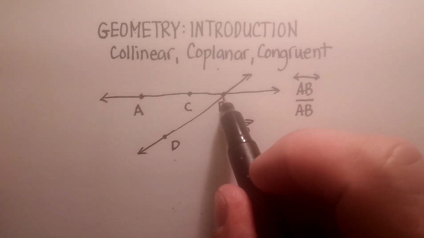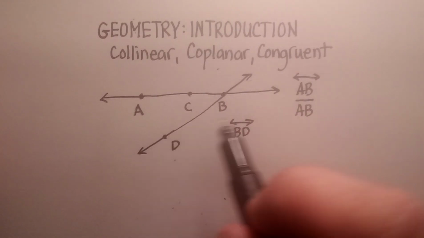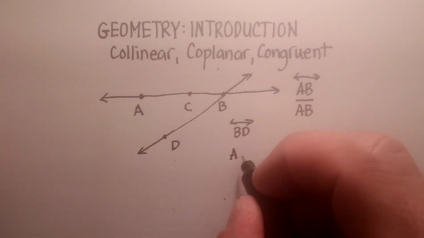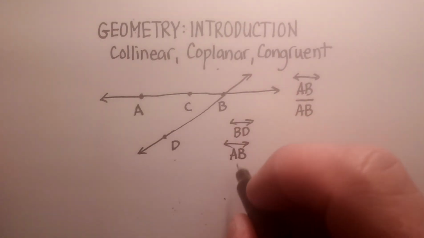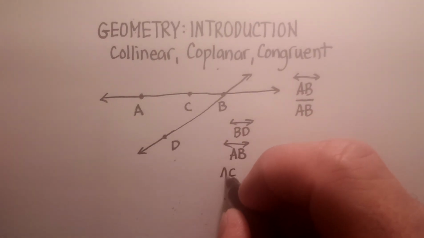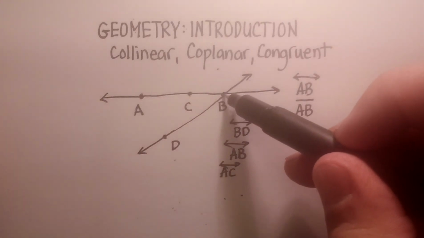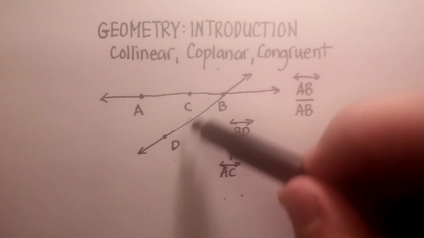And point B is collinear with points A and C on line AC. Remember, you just need 2 of these points, so you could say line AB, or you could say even line AC. Okay? So B is the only point that's collinear as it's drawn with all 3 of the other points.